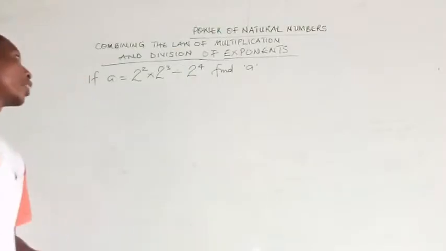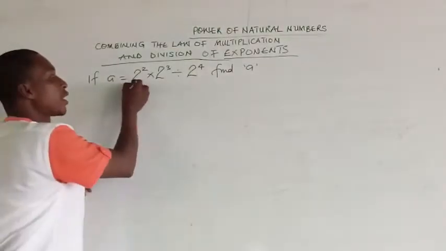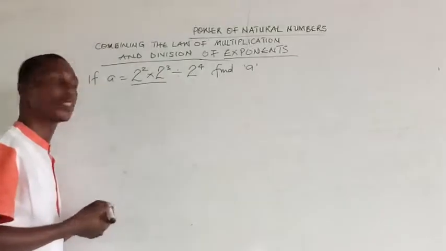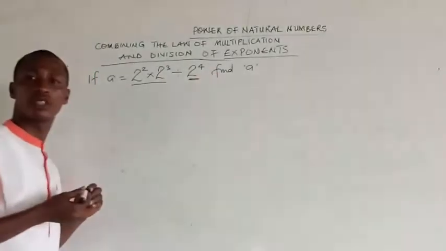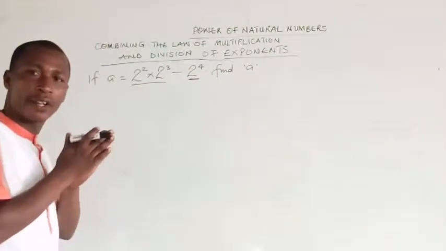This is the question. So how are we going to get our a? This aspect is multiplication and this aspect alone is division, and the product works together.